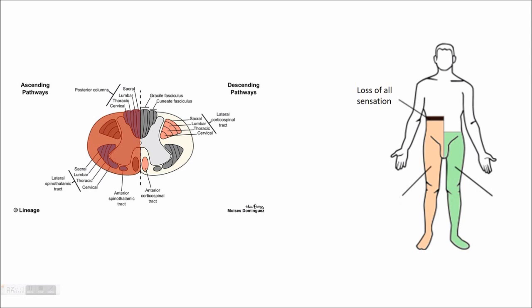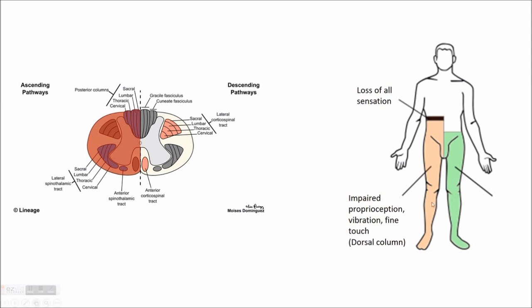Now below the level of injury, what's affected? Now, the dorsal column decussates in the medulla oblongata. So these nerves will be ascending up the body and would not be able to continue. So we have impaired dorsal column function, which is proprioception, vibration, fine touch.